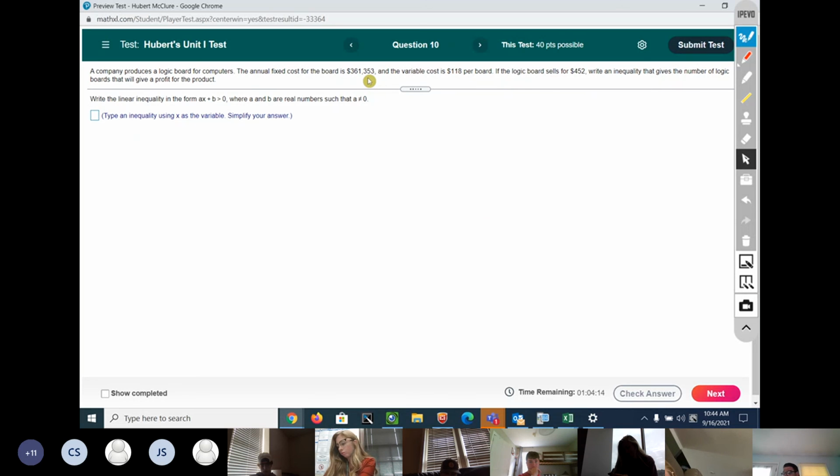That's the cost, and they want to make more than that, right? Or equal to that. So less than or equal to, and then 118 per board.